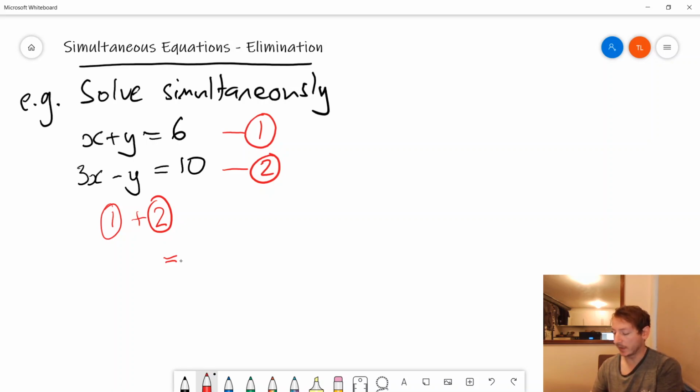If we add these two, we get 16. On the left hand side, we've got x plus 3x, and that gets 4x. Positive y plus negative y equals 0. So there's nothing here. So we know that 4x equals 16, and x must be 4 when I divide away that multiplied by 4.